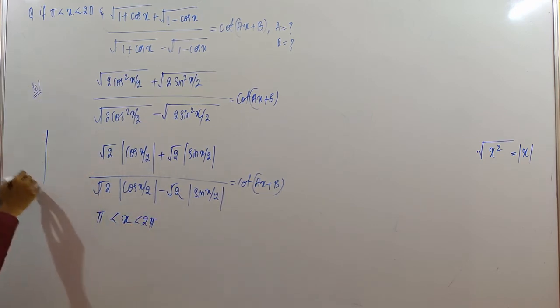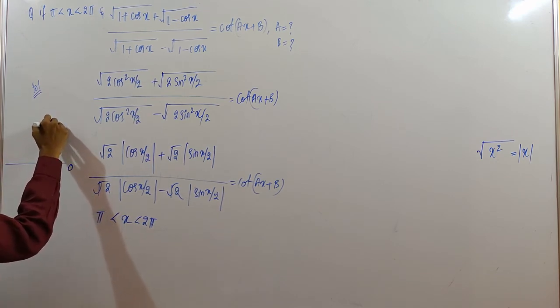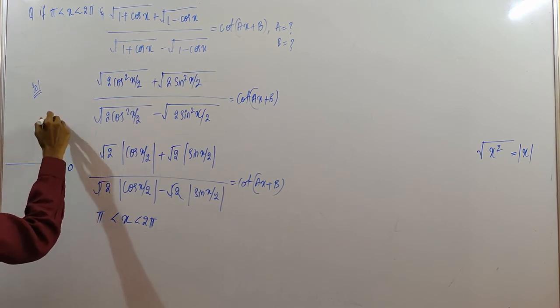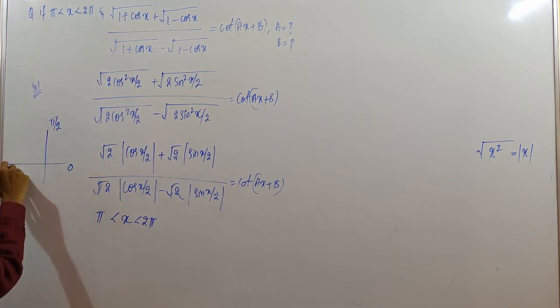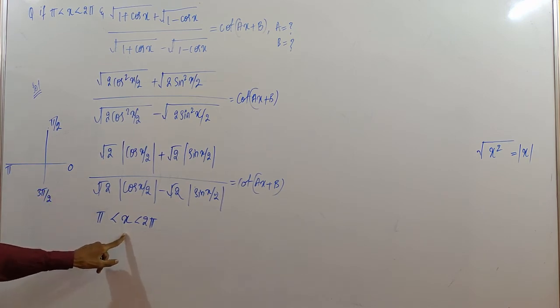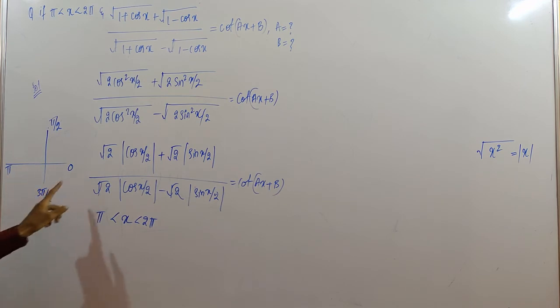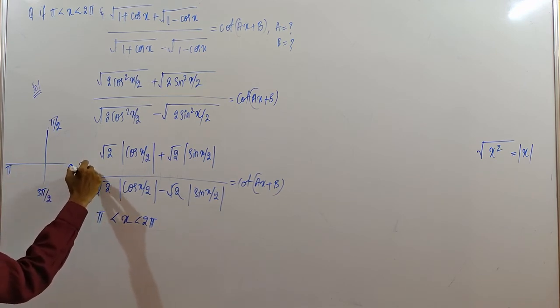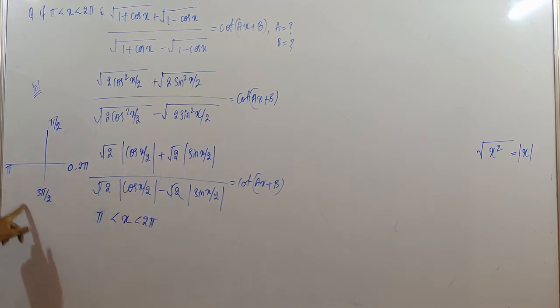That is, here we have 0, 90 that is pi by 2, pi, here 3 pi by 2. So x lies between these two, quadrant 3 and quadrant 4.